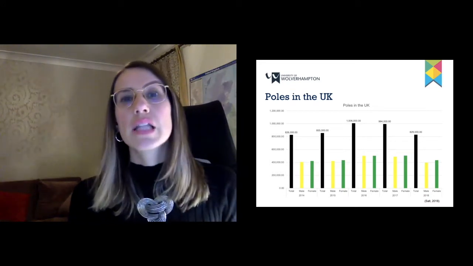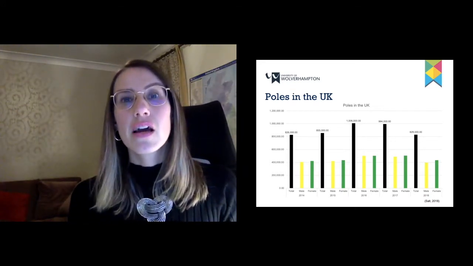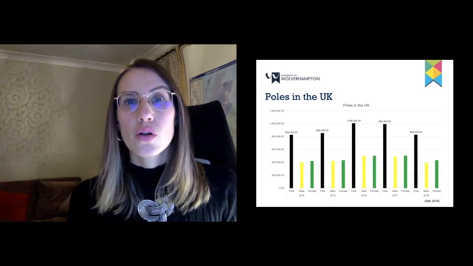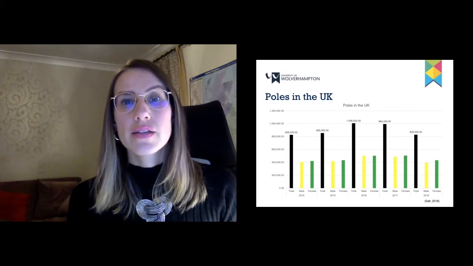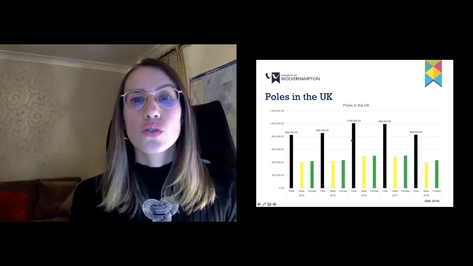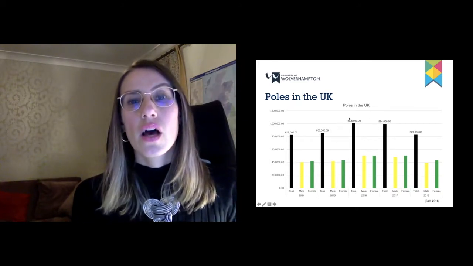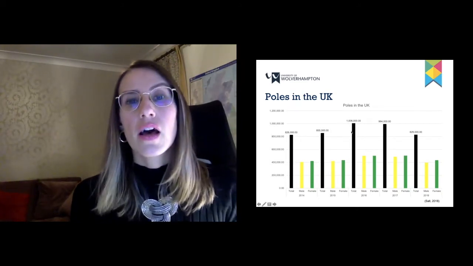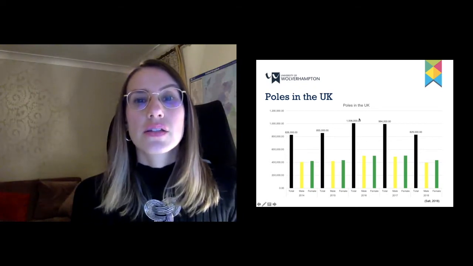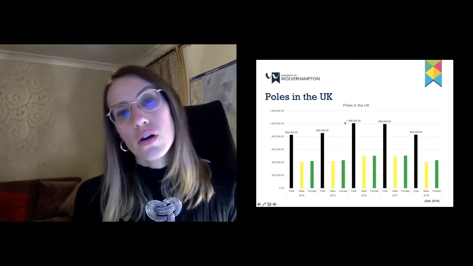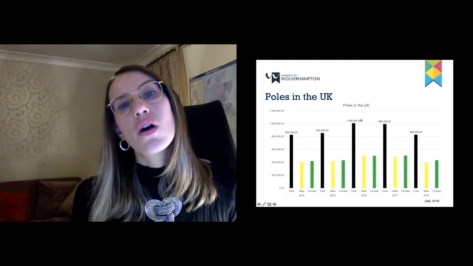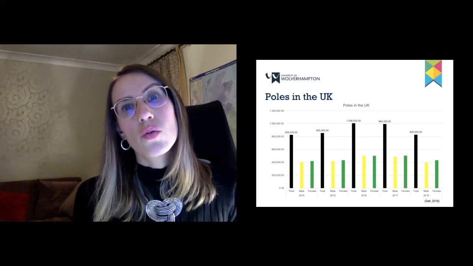First of all, the year when the number of Polish citizens in the UK was the highest, as I already said, 2016, when, according to the Home Office statistics, it's slightly over 1 million.